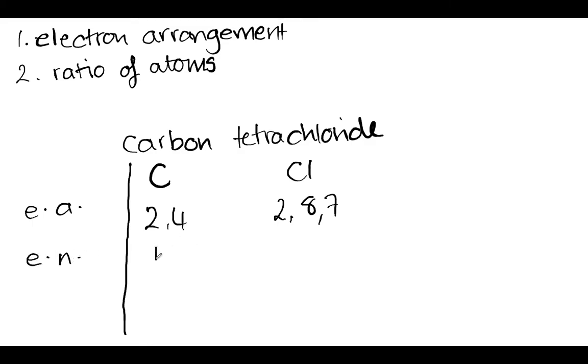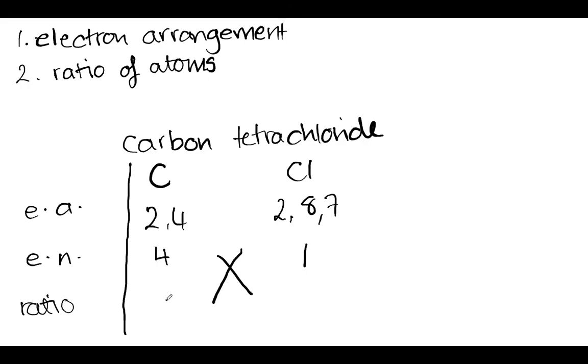Carbon needs 4 more electrons to have a complete outer shell of 8. And to have a complete outer shell of 8, chlorine needs an extra 1 electron. To get the ratio of atoms in the molecule, we swap these numbers over.